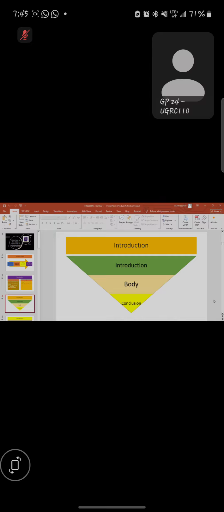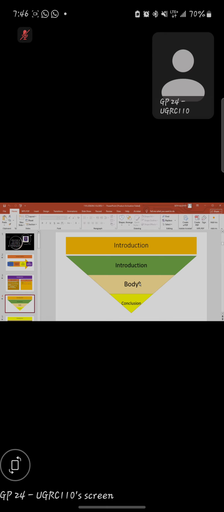Now, let's go to the structure, the form, the element or the physical look of the essay. We know this already. We can easily see it. It's made up of the introduction, the body, and the conclusion. By the design of the diagram, you see the introduction is so broad, but as it moves down, it tapers off.